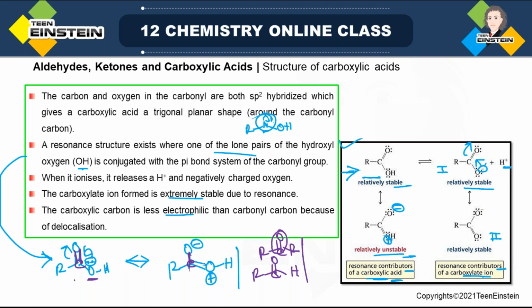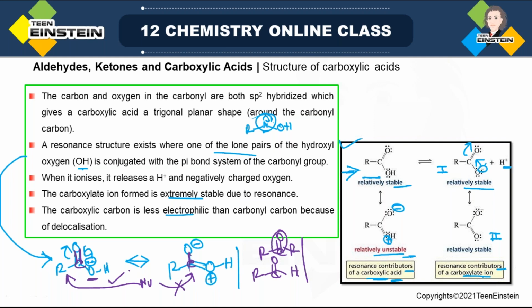But if its electrophilicity is decreased, the tendency of any nucleophile to attack will be very, very less. So when it is the C double bond O form, the nucleophile will prefer it more because the electrophilic character is more. Here after resonance, the electrophilic character is decreased.